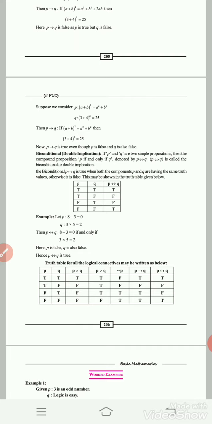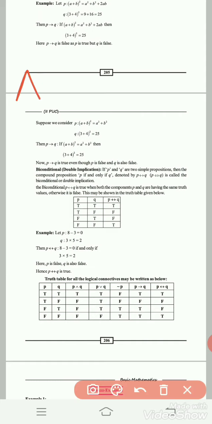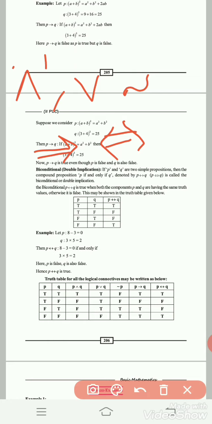First one is conjunction, denoted by a reverse V. Next, disjunction, negation, conditional and biconditional. These are the 5 logical connectives. Okay, so now consider the truth table for all the logical connectives.